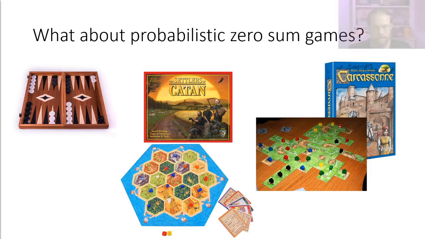So what about other types of zero-sum games, such as ones that are probabilistic? This is an interesting challenge to face, and it will typically involve games that include rolling of dice or shuffling a deck of cards and allocating the cards to different players, so you don't always start from some well-defined state.